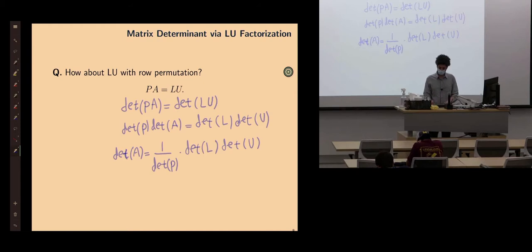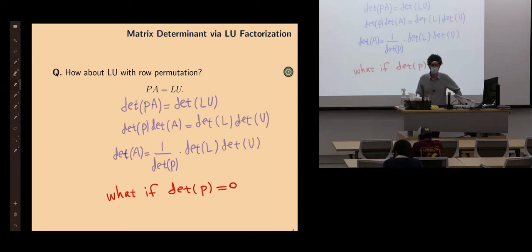Now, this is a little concerning, because what if the determinant of P becomes 0? Then it's not defined. That's a little counterintuitive, because if L and U don't have zeros on the diagonal, we expect the determinant of the matrix A to be available and non-zero.